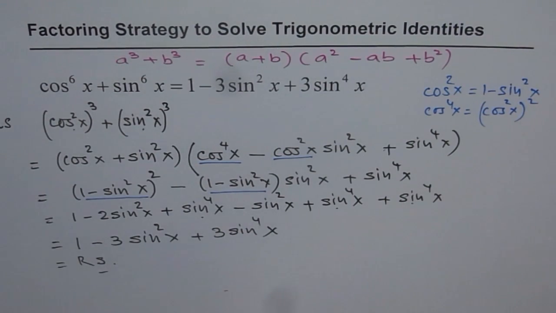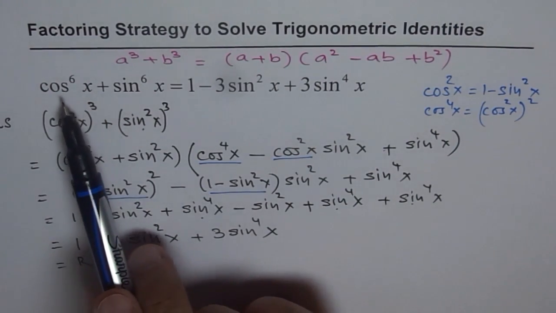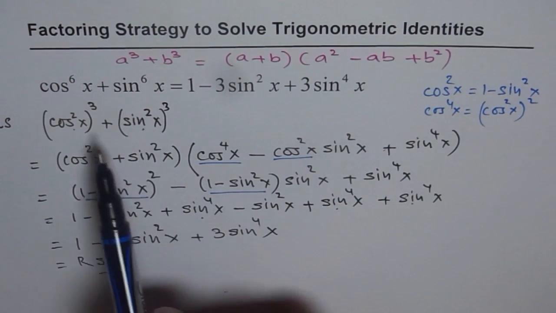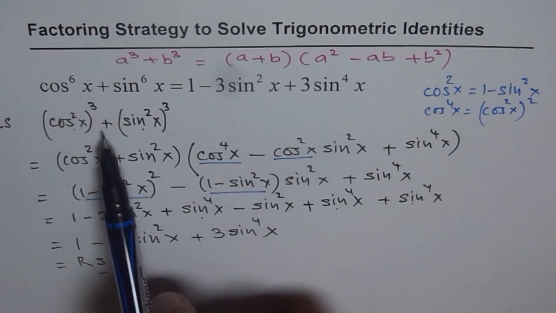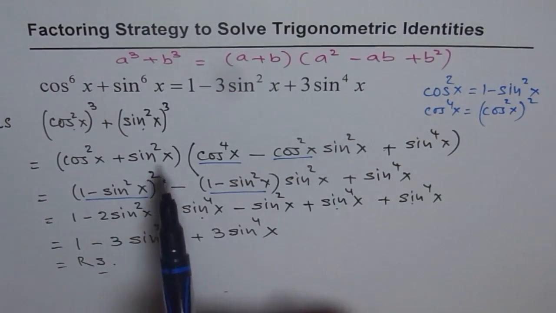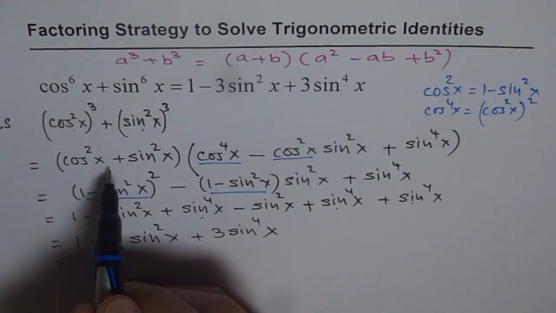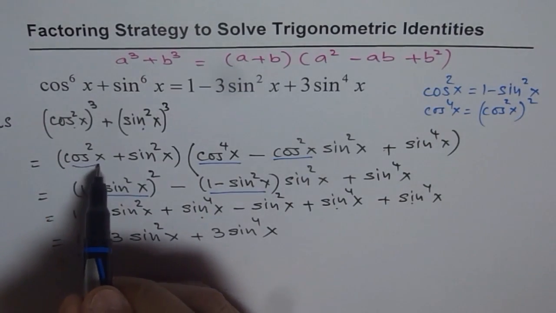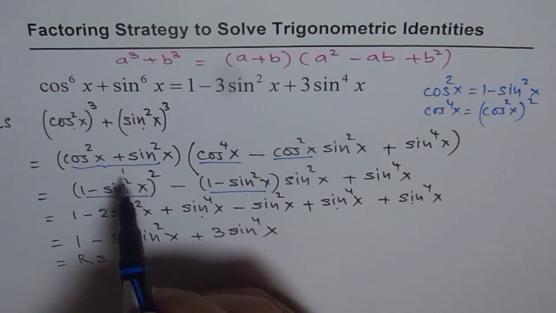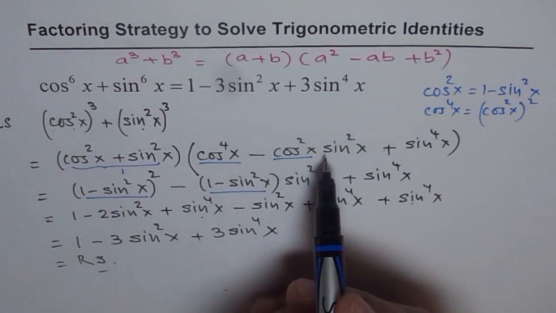Let's go through this once again. So the idea is to factor. We started with a cube plus b cube. We wrote cos square cubed plus sine square cubed and applied the formula. As you know, cos square x plus sine square x is 1, and 1 times anything is the factor itself.